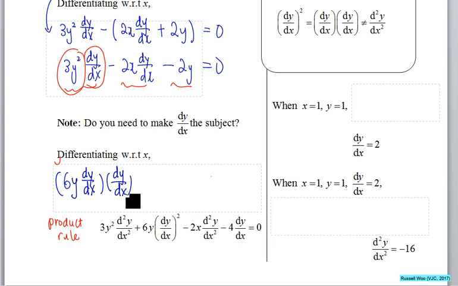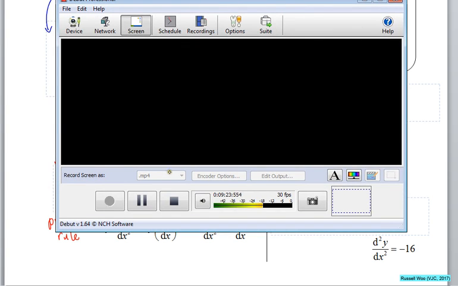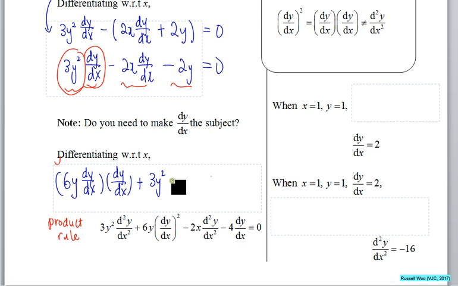Plus, I will find space. Plus what? You have to keep 3y squared and then differentiate dy dx once, you get d2y dx squared.